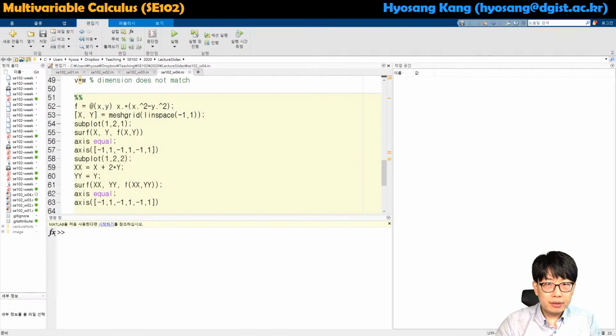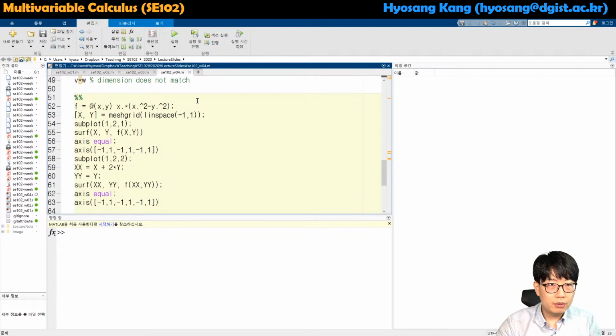So here's our MATLAB code that I already wrote. When we have this kind of function, this is a monkey saddle. We saw this, for example, two weeks ago. So we have two surfaces. In between, I have this subplot command.